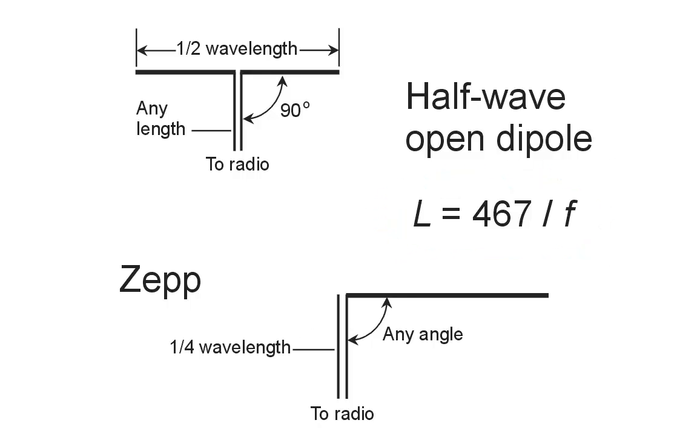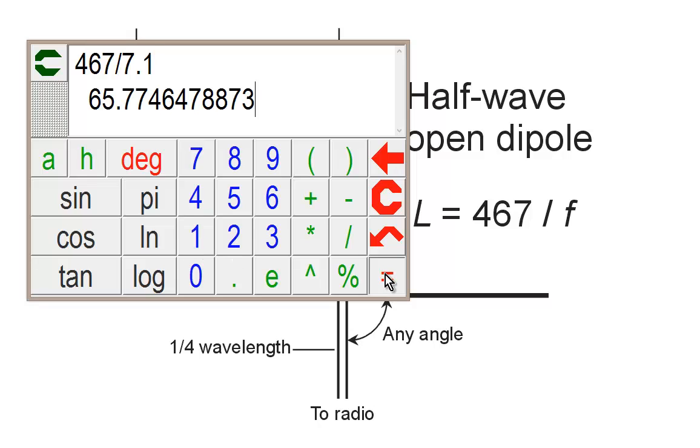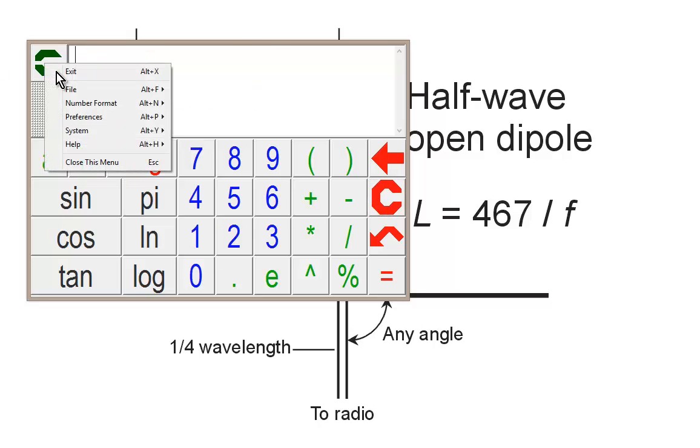So, for example, if we have an antenna at, let's say, 7.1 megahertz, then the length in feet is going to be 65.77. That's roughly 65 3/4 feet, just a little less than 66 feet.